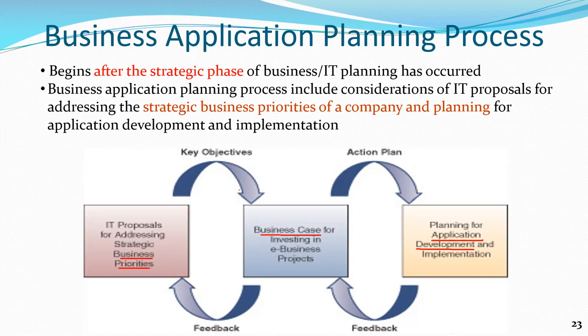So this is a process where after you identify the business priorities, after you develop the business case and get the consent of the business and IT people to go for an e-business project, you need to plan for application development, because it will be a huge process where you need to think of many different aspects of the organizational activities, right?